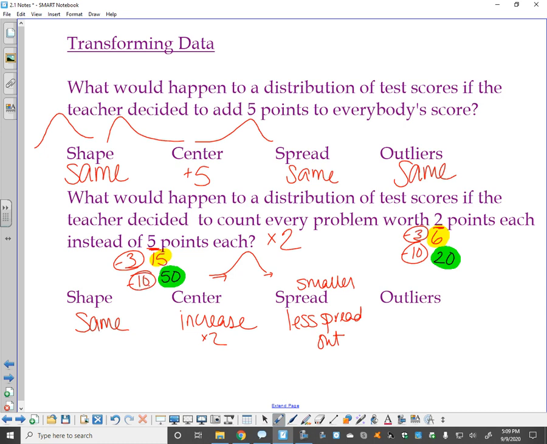So it is going to change my spread. It's going to be less spread out because I'm pulling the back end up a lot. Outliers, we really don't have enough information to tell, but it could stay the same or it could change. You would need to recheck.